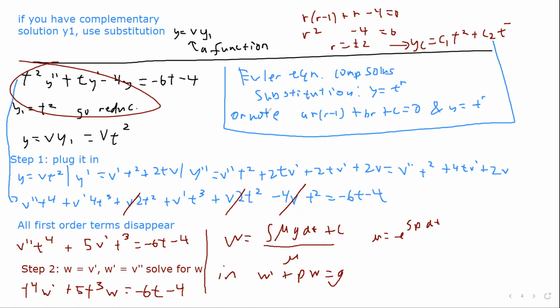Okay. I will take us to variation of parameters. In variation of parameters, I'm going to write it with the text tool.